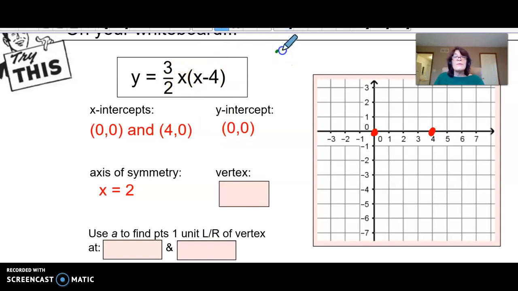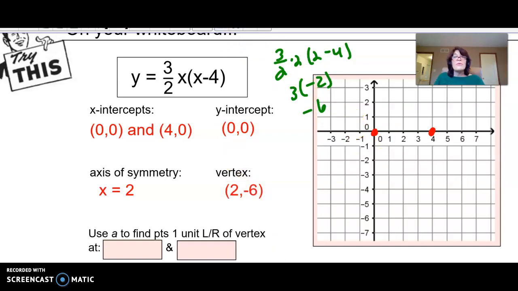2 what? Well, let's put 2 in for x. 3/2 times 2 is 3. 2 minus 4 is -2, so it's -6. The y coordinate on my vertex is -6. So 2, -6, 1, 2, 3, is my vertex. I'm going to have to go up 1.5 and over 1.